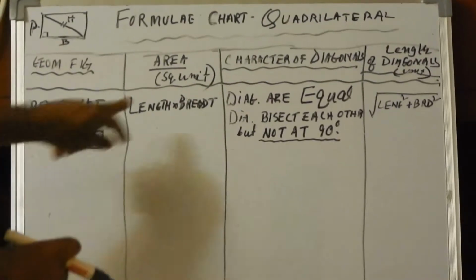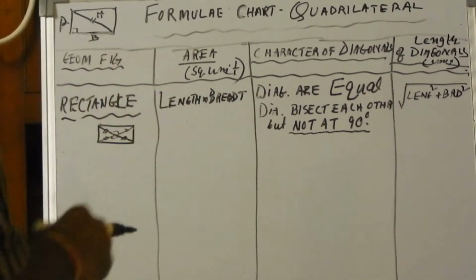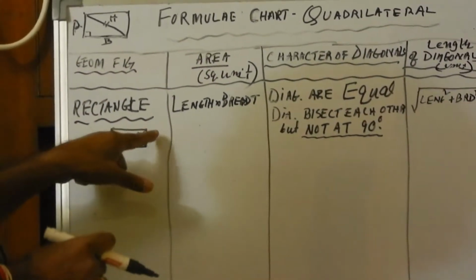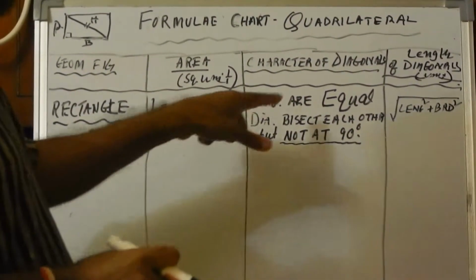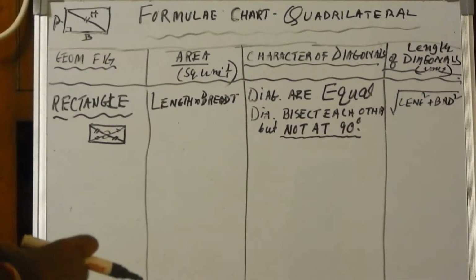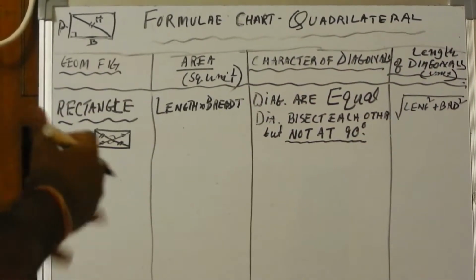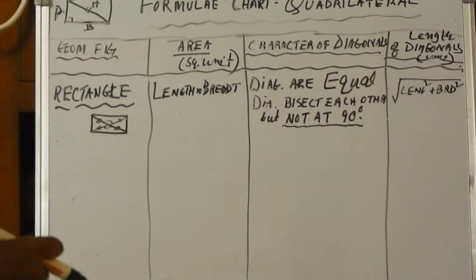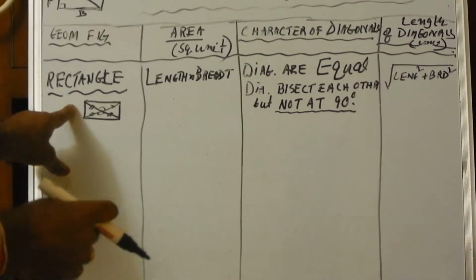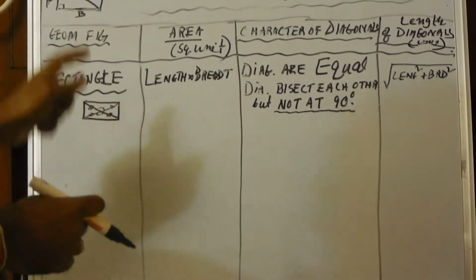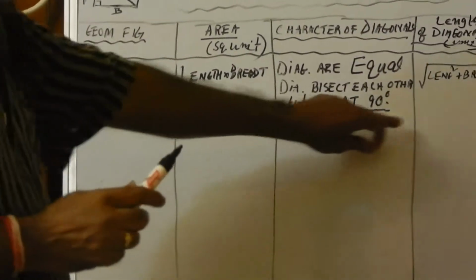For rectangle, the diagonals are equal, and you can ask what is the mechanism: the opposite sides are equal, so it is very likely that diagonals should be equal, but they bisect each other not at 90 degrees. Next, the length of the sides is not equal, there are length as well as breadth, and they differ in length, and that is why it is called a rectangle, not a square. So that's all the formulas about rectangle.